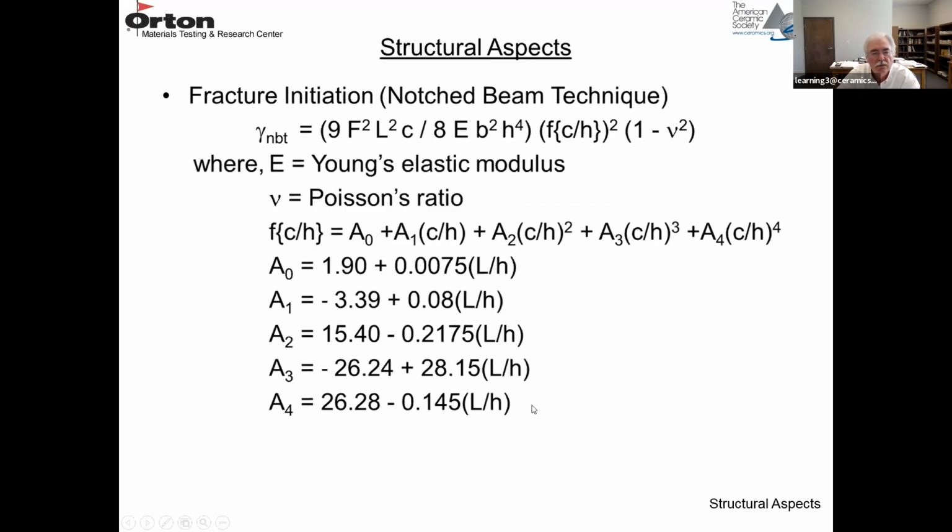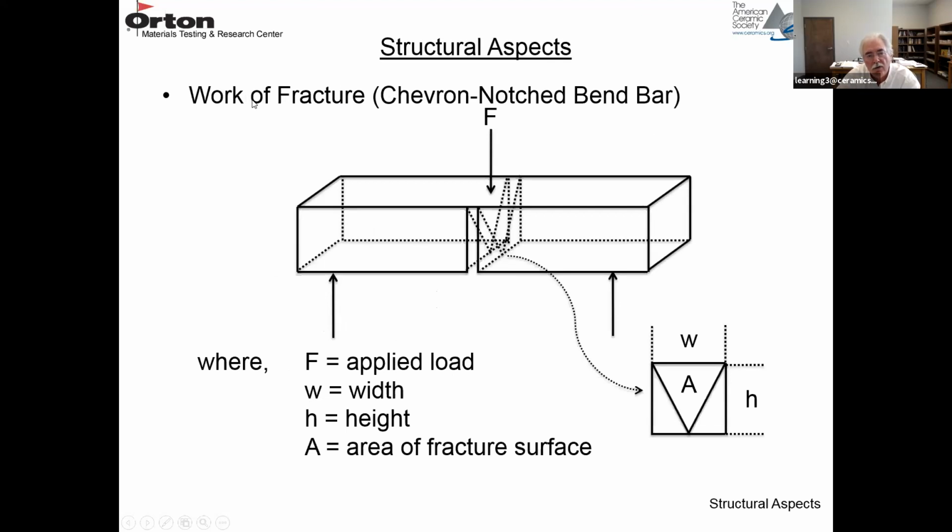The other fracture surface energy, necessary to keep the crack growing, is the work of fracture. And there you have a chevron notch beam. So you cut away the sample to leave this triangle ligament. A is the area of this ligament, and you cut away the two triangles on either side of this inverted triangle.